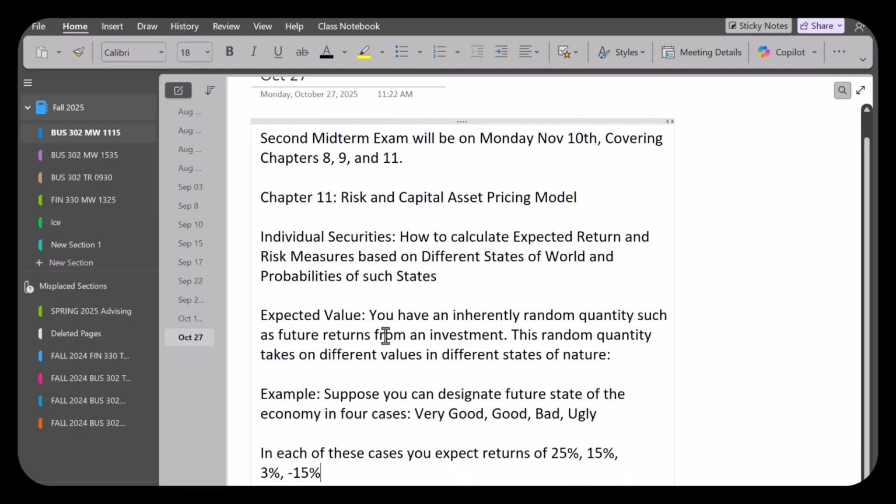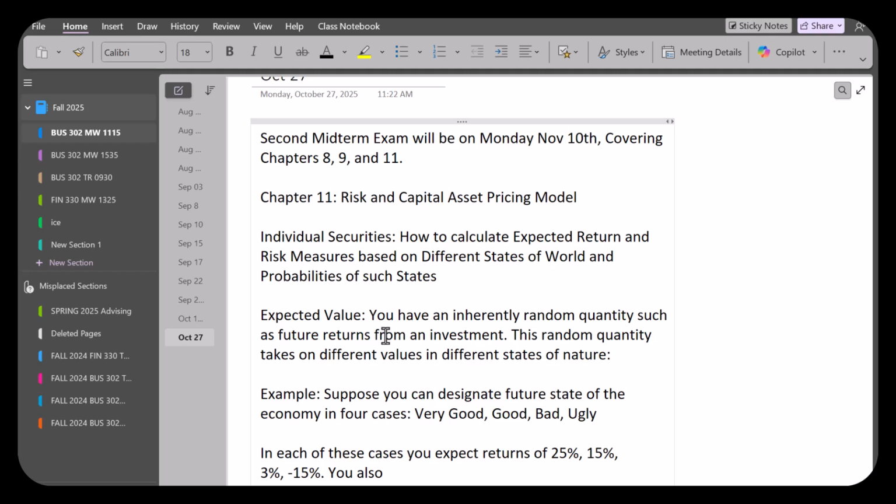Well, if the economy is doing really well, you expect this stock to get you 25%. If it's going to do somewhat normal, 15, a little bit bad, 3%, really bad, negative 15.